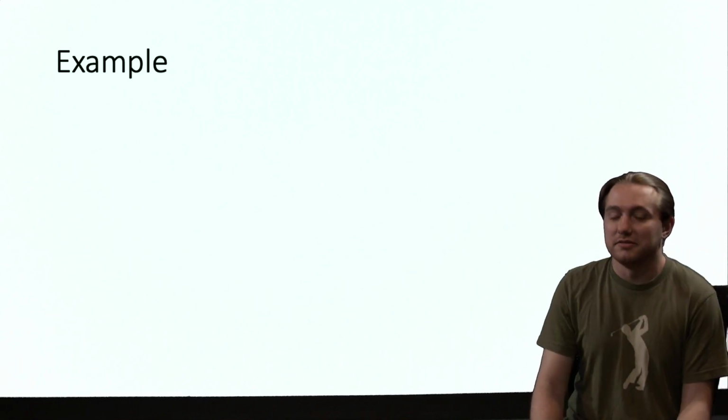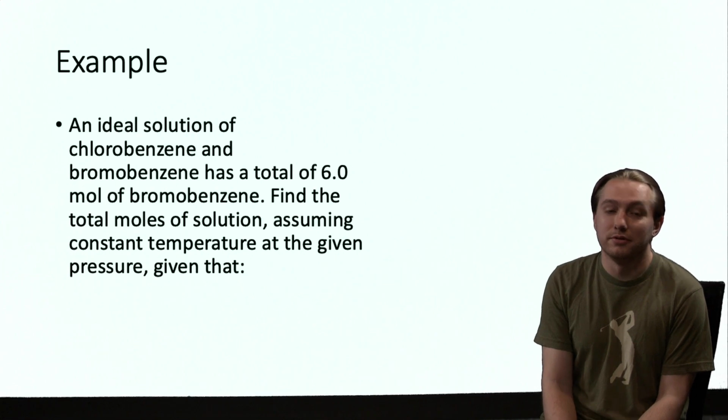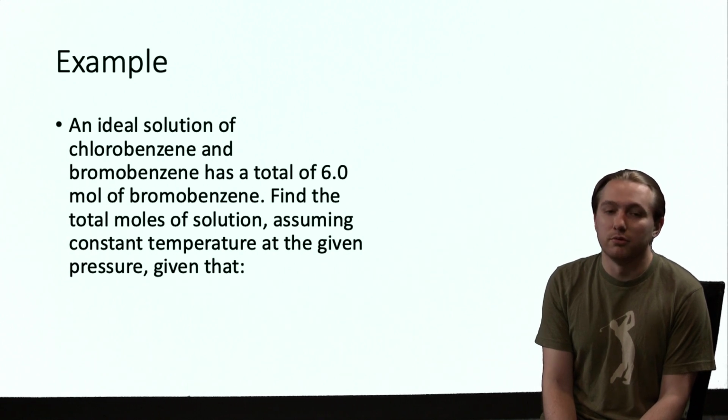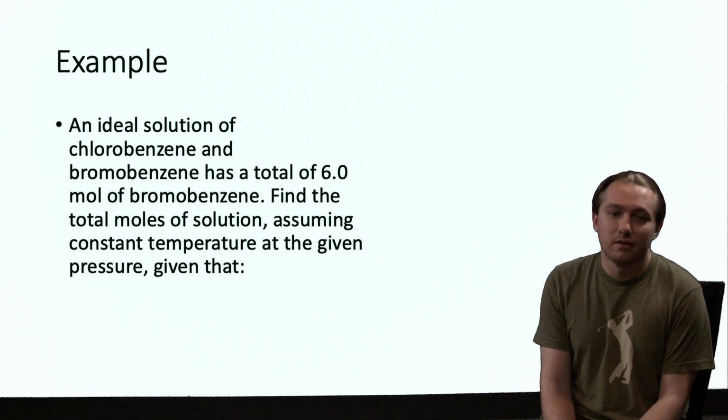All right, as an example, we're going to look at this system involving an ideal solution of chlorobenzene and bromobenzene, where the total moles of bromobenzene is 6.